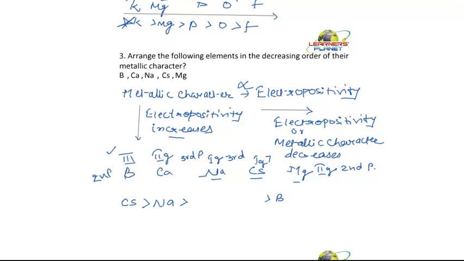Then what will come? We have got two elements of second group, that is calcium and magnesium, right? Calcium belongs to the third period and magnesium belongs to the second period. So which will be more metallic? The one which is in the third period, that is calcium. Then comes your magnesium. Is it clear?